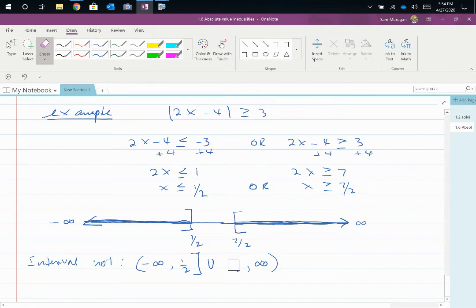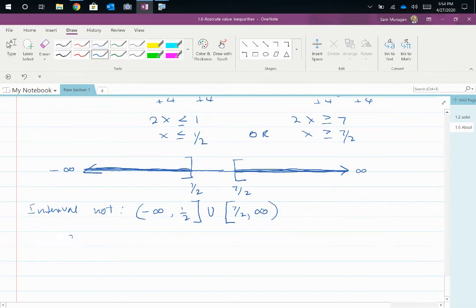Let's make that bracket a little better so it's very clear. Remember, if the inequality has an equal sign, we use a bracket. Or you can use the set builder notation to write all x such that x is less than half or x is greater than or equal to 7 over 2.